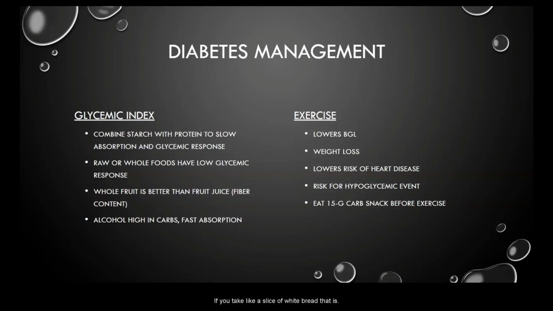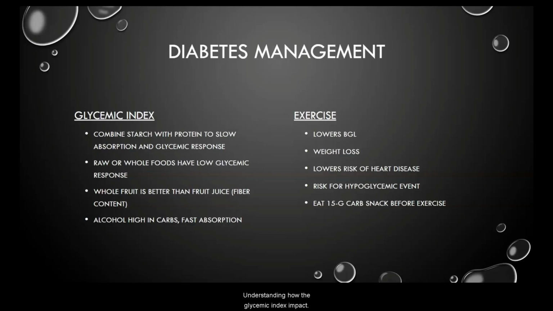So if you take a slice of white bread, that is essentially pure sugar. So it's not the greatest choice for a person who has diabetes to pick for their food. So if I eat a slice of white bread and I have diabetes, it's going to raise my blood sugar much quicker than if I ate, say, a lean piece of chicken and some lettuce.